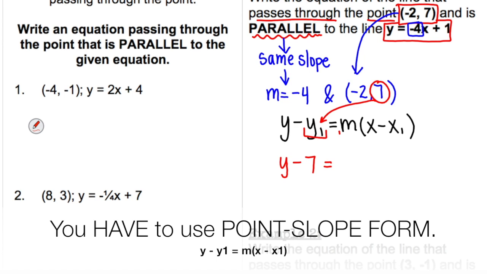That is equal to m, our slope, and remember our slope is negative 4, the same as the original, times x minus x1, and x1 is the x-coordinate, negative 2, of the point that we were given.